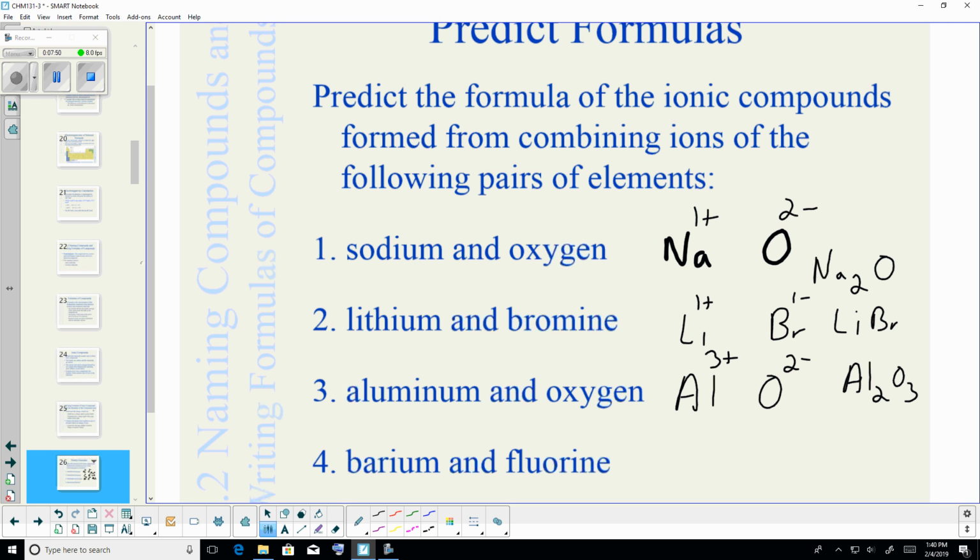That means we got 2 aluminums. Each one is 3 plus. How many total pluses? We have 2 of them, so 6. We have 3 oxygens. Each one is 2 negatives. So how many total negatives?